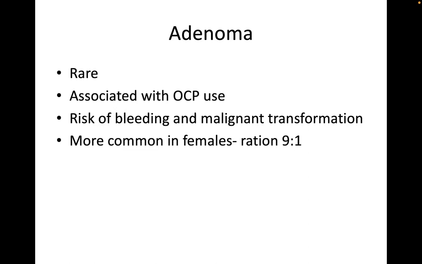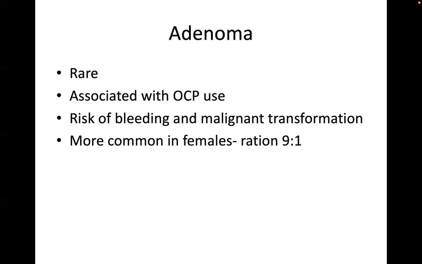I won't go more into the details of it, but there are 4 classifications of adenomas, and they differ in their malignant transformation. You can see that they are more common in females than men, with a ratio of 9:1.